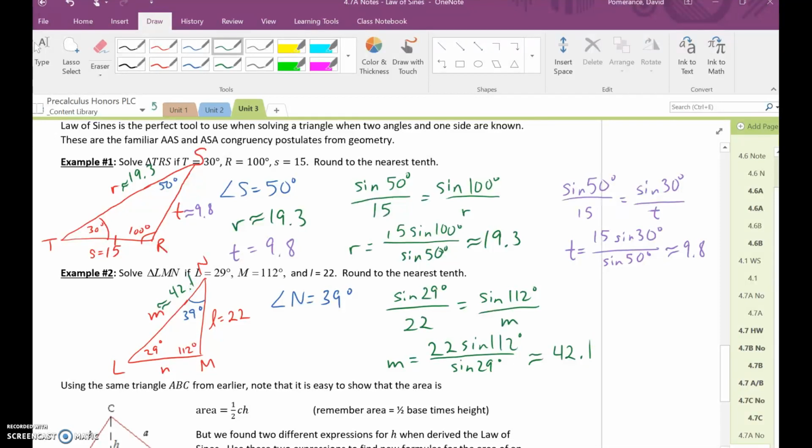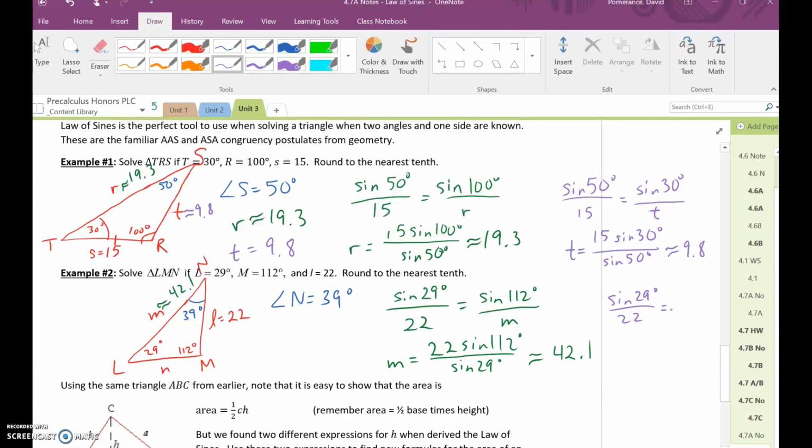All right. Now, I would expect N to be a little bit bigger than 22 because it's opposite 39 degrees instead of 29 degrees. So keep that in mind. Something like, I don't know, maybe 25 or something. I'm just guessing. So start this other one the same way, the sine of 29 degrees over 22. That's how we started the last one.